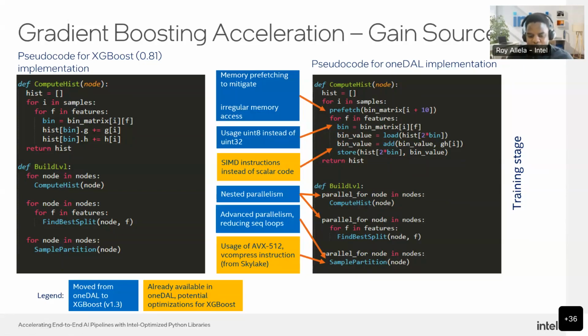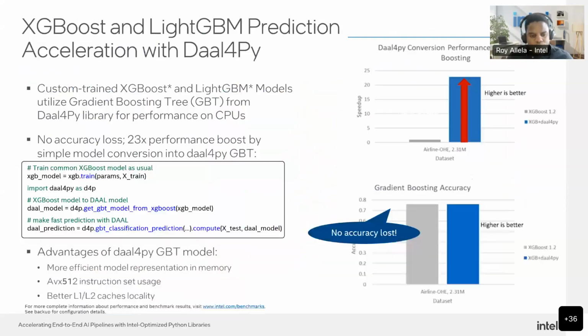So you could have a machine that supports AVX2 and AVX512, and because that version of XGBoost was not aware of the hardware capabilities, it would still execute the runtime in AVX2 instead of the more powerful and performant AVX512. This is just showing some of the work that has gone into optimizing the training workflow for XGBoost.